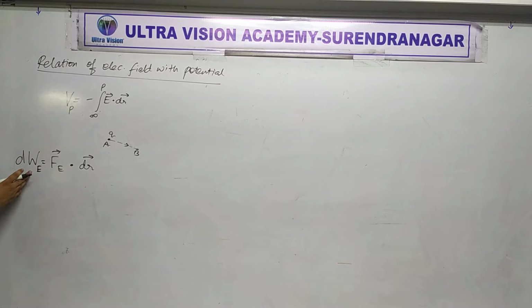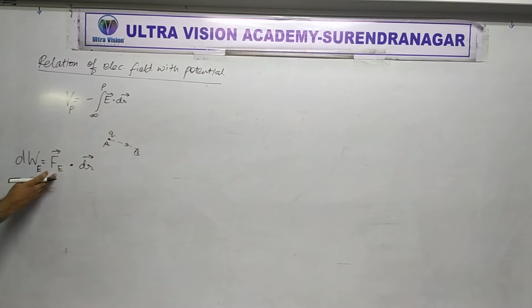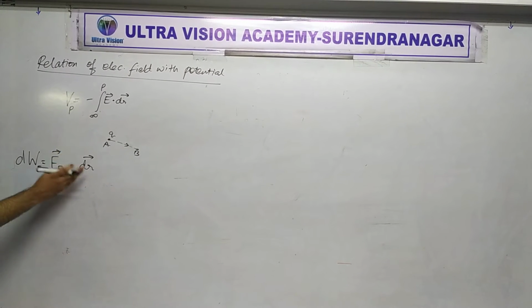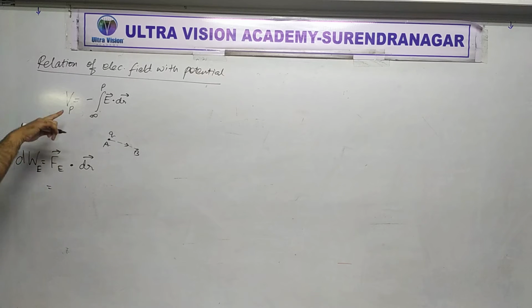Small work done by the electric field is equal to F vector dot dr for a small displacement dr. Directly from 11th class. So this is dW.